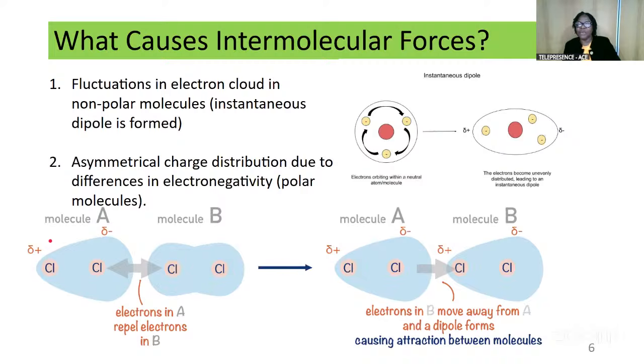And that is what we refer to as instantaneous dipole. So as they approach each other, the part that is denser in electrons will be assigned a partial negative charge. That is the partial negative charge on top here. So that means it is electron rich or denser than the other side.